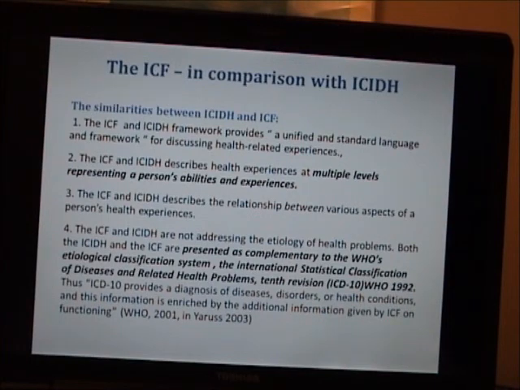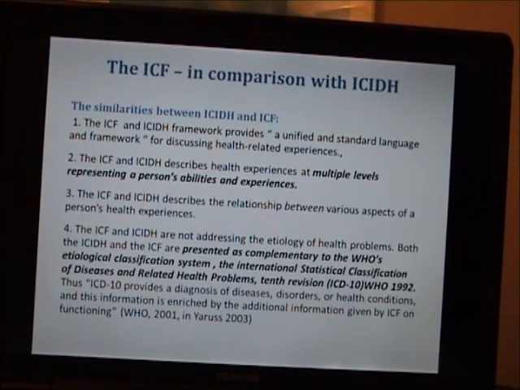Secondly, the ICF and ICIDH describe health experiences at multiple levels representing a person's abilities and experiences. Third, the ICF and ICIDH describe the relationship between various aspects of a person's health experiences.